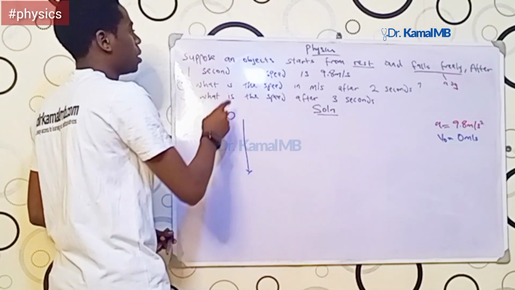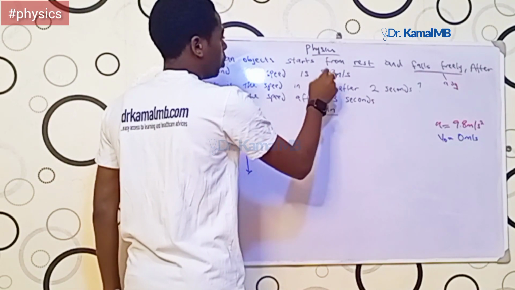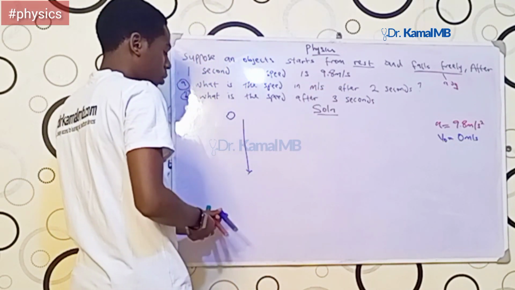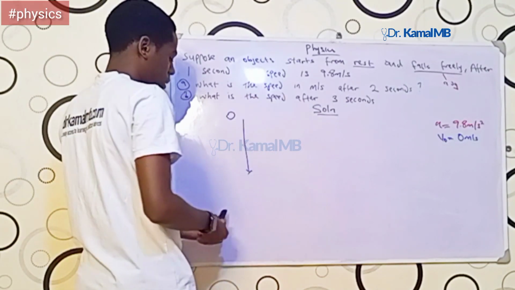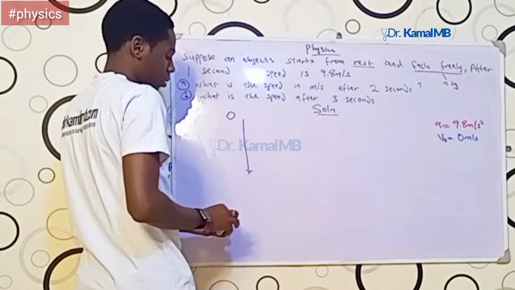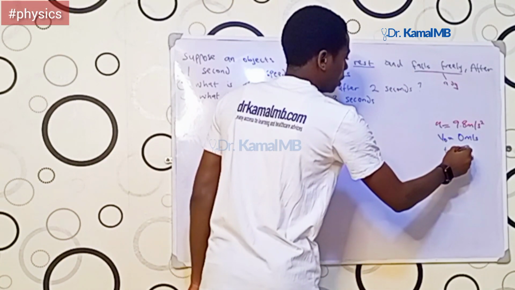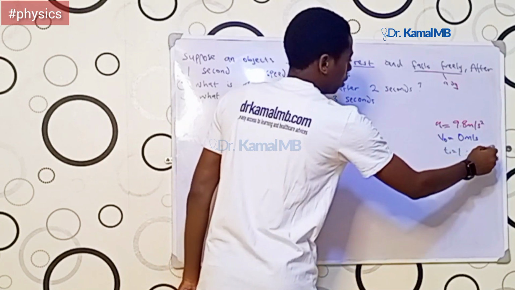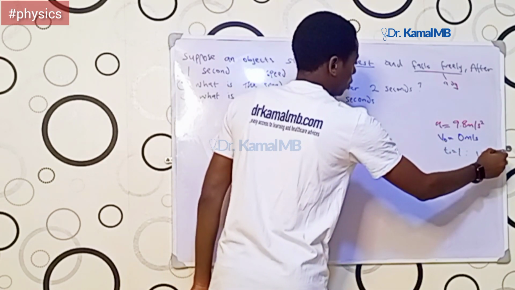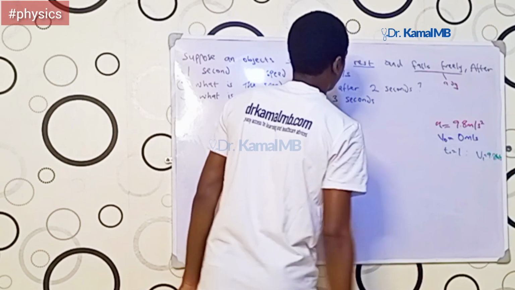And then after 1 second, its speed is 9.8 meters per second. So this means when t is equal to 1, then v1 is equal to 9.8 meters per second.